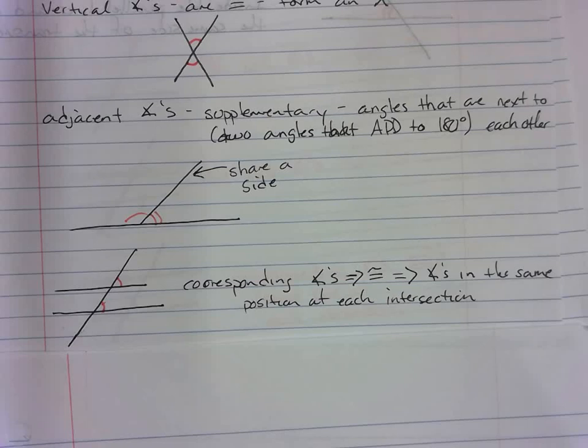If they're congruent, you're going to set them equal to each other. For all these problems, the picture tells you the location of the angles. The location of the angles tells you how to set up the equation.